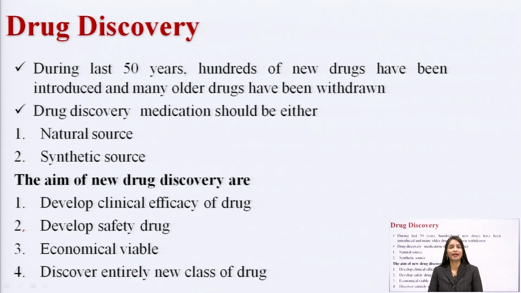If you have invented a drug and it is not safe, then no one is going to use it. The second aim is to check the safety of the drug, and economic viability is also very important in the drug discovery process. Finally, the drug you invent should be a new class of drug. These are the most important aims of discovering a new drug.